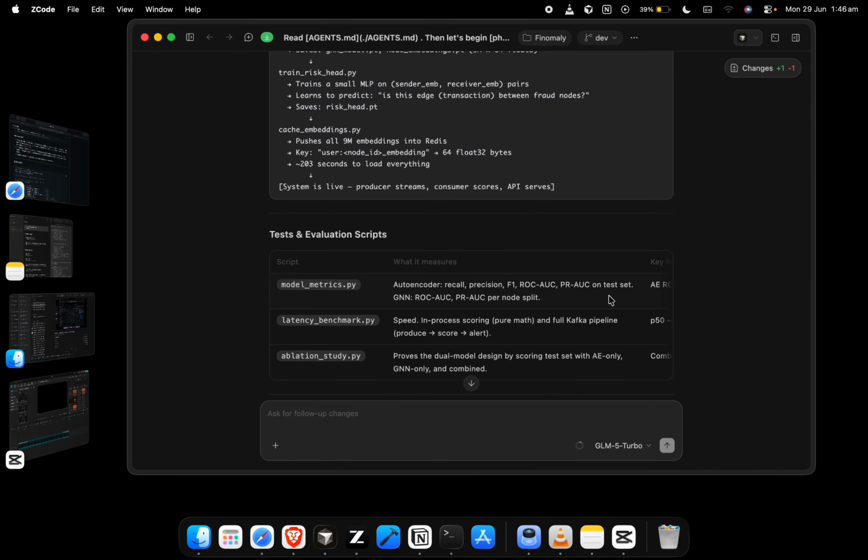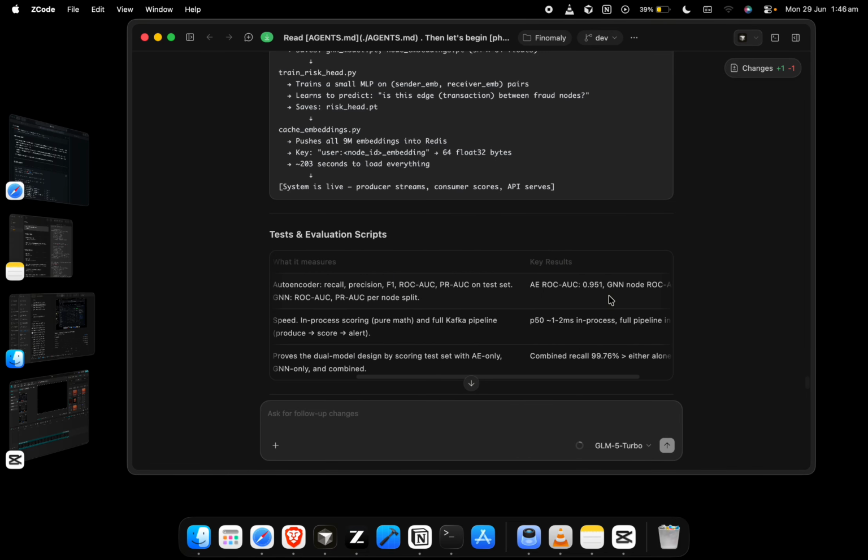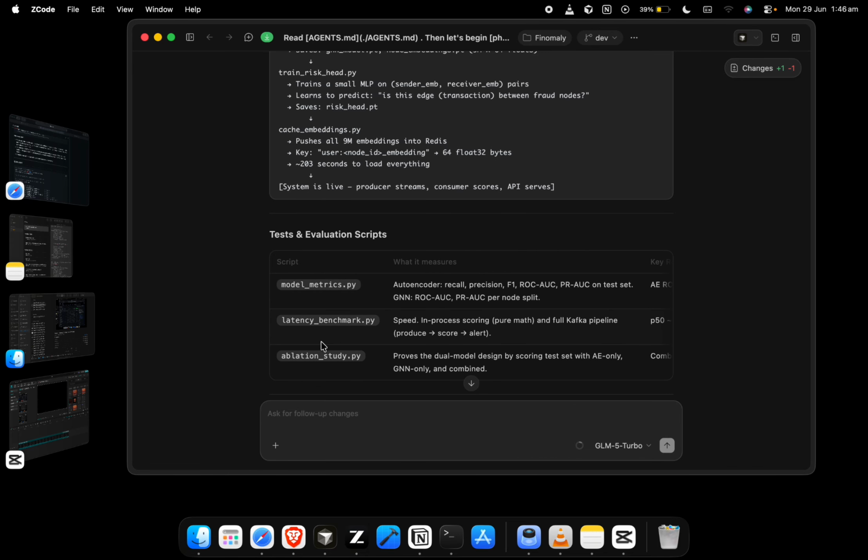This measures the autoencoder's recall, precision, and F1 on the test set. The latency benchmark measures speed, in-process scoring and the full Kafka pipeline. Then the ablation study validates the dual model design by scoring tests with AE only, GNN only, and combined.